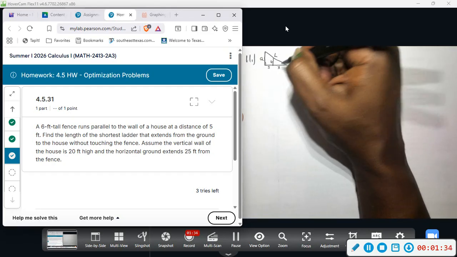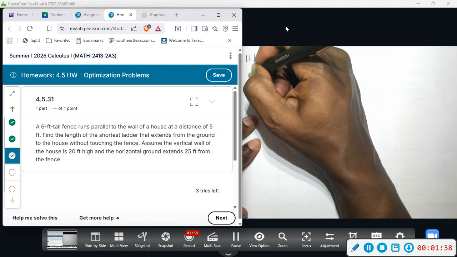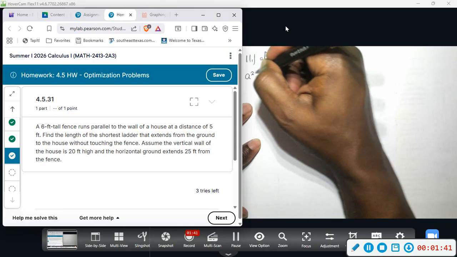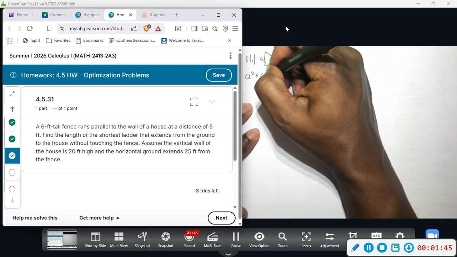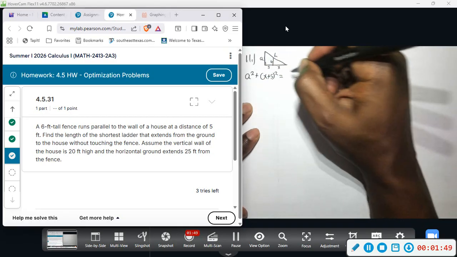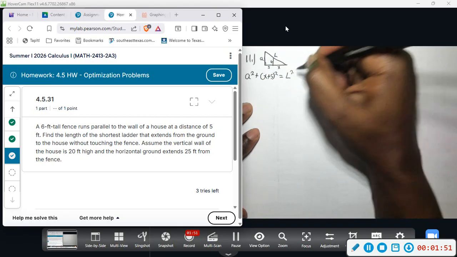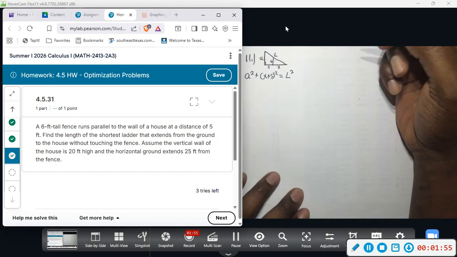We'll call that X. So I'm going to set up the Pythagorean theorem: A squared plus B squared, which is going to be X plus 5, squared, equals C squared, which in this case will be L squared, the length of the ladder.